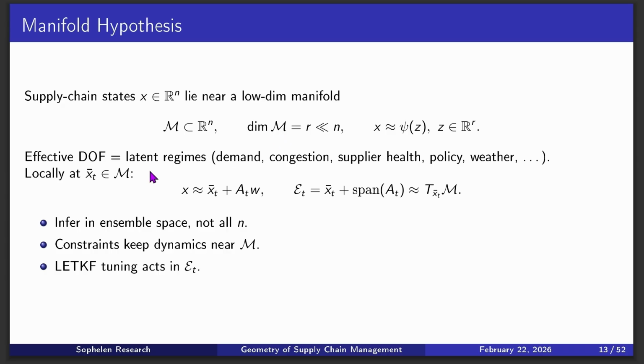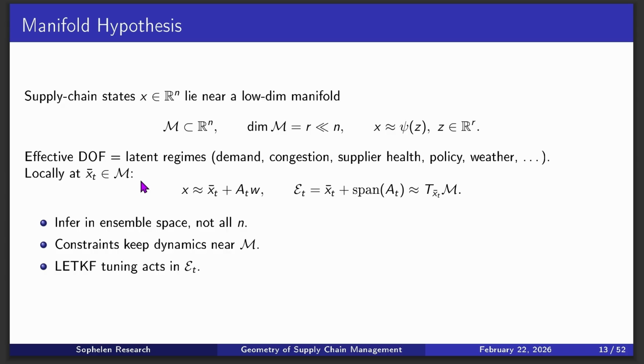Anyone that works in supply chain knows that, because we know that for the majority, things depend on demand, congestion, supply health, policy, weather, etc. So overall, the manifold of supply chain, like I said, is very curved and very rugged, but still, if you zoom in close enough, it's still very smooth, just like the Earth.